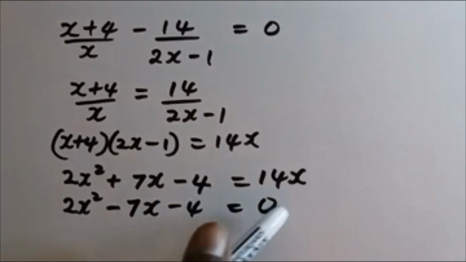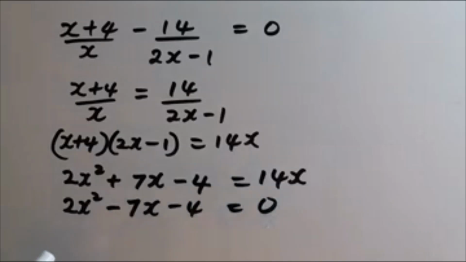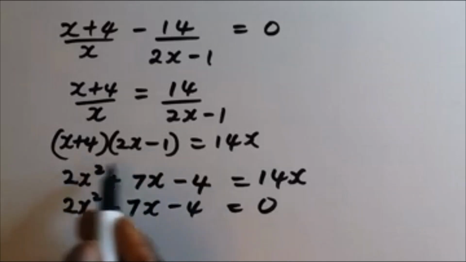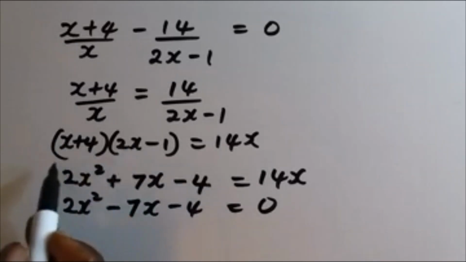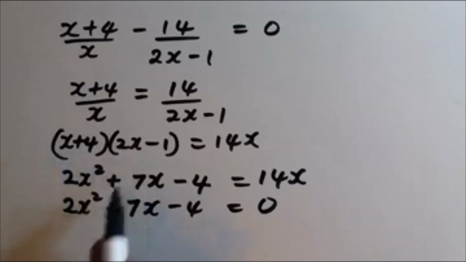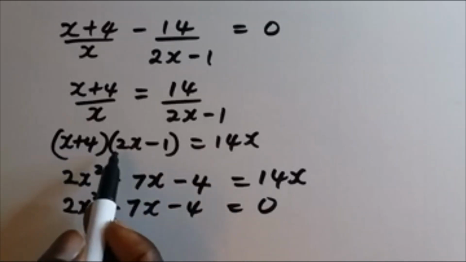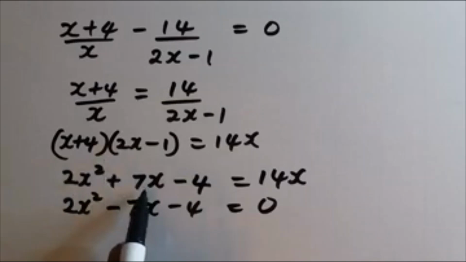So what we've done is added 14x to both sides from here to here. I'm assuming you'll be able to clear these brackets. It's just 2x squared minus x plus 8x, which gives you 7x, and minus 4 is there.